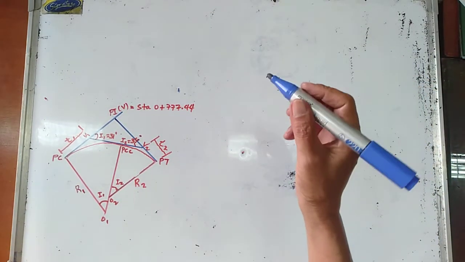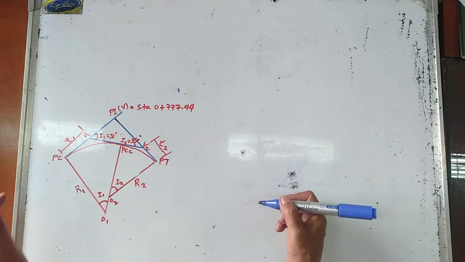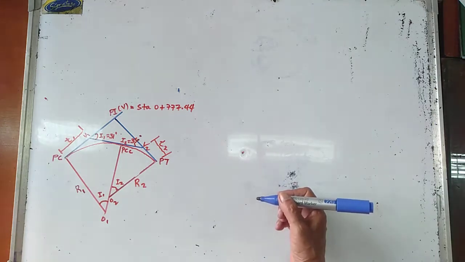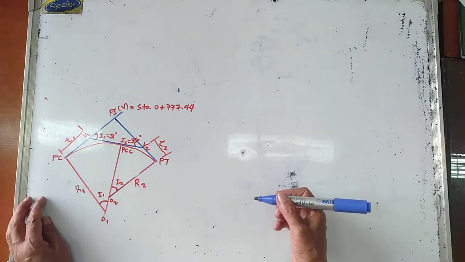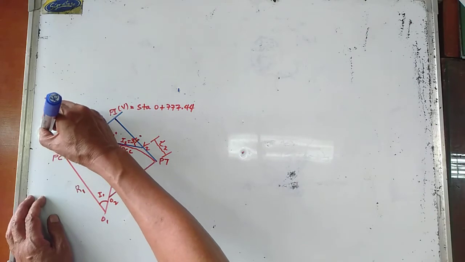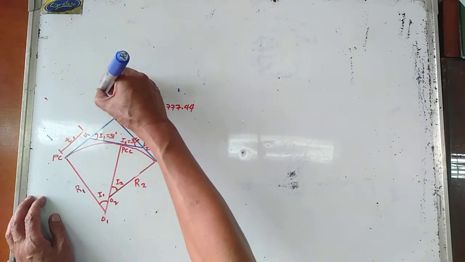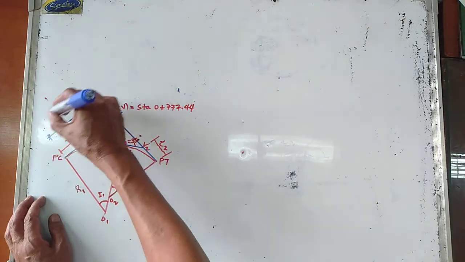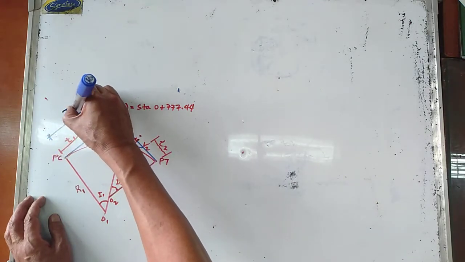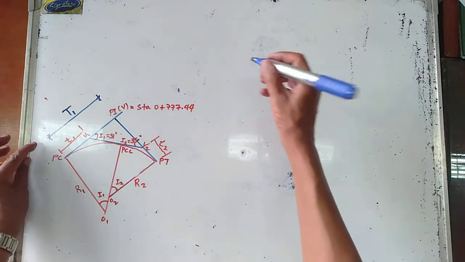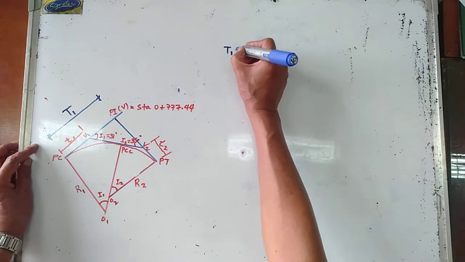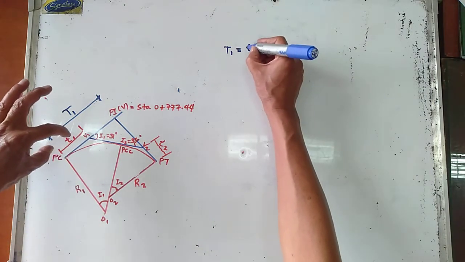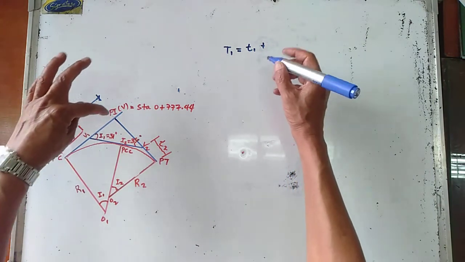Okay, let us now determine the distance from TC to V, or this is therefore known as the tangent distance of the first simple curve, and that one is now your T1. So your T1 is now equal to small t1 plus V1V.